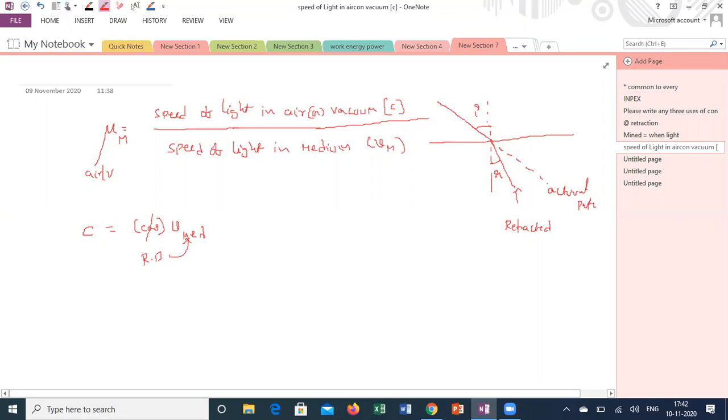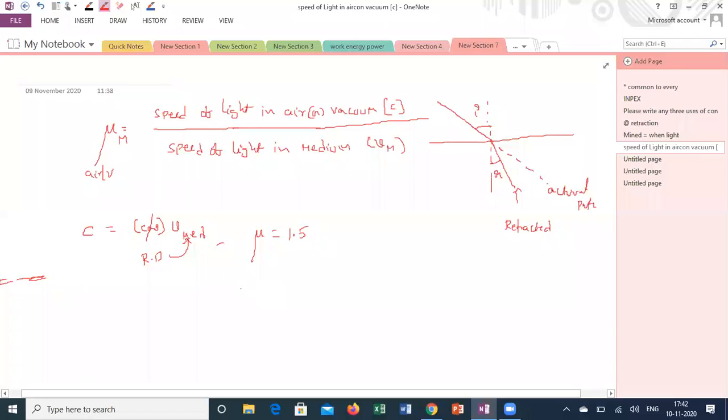Is it clear? Suppose I say the refractive index of glass is 1.5. There are different glasses; I'm taking ordinary glass. The refractive index of ordinary glass is 1.5.